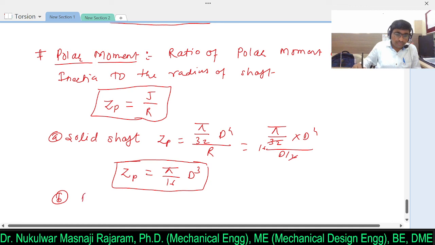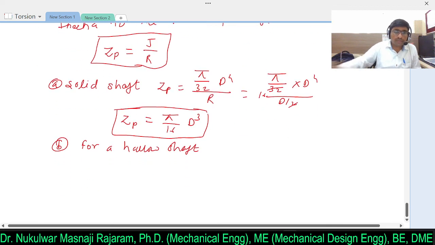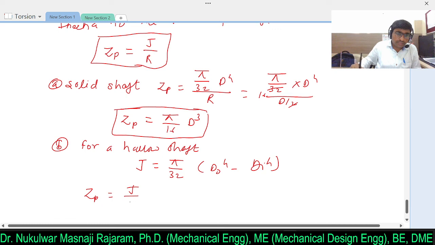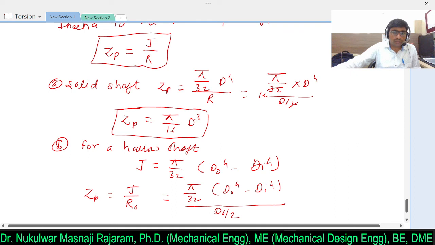Next, if you consider a hollow shaft, then what will be the changes? Obviously J will be equal to pi by 32 Do raised to 4 minus Di raised to 4. So ZP will be equal to J divided by R, clear. Here I will write Ro as Do divided by 2.